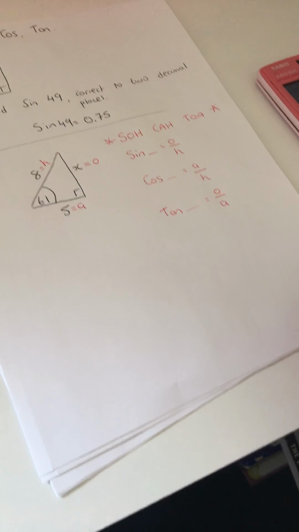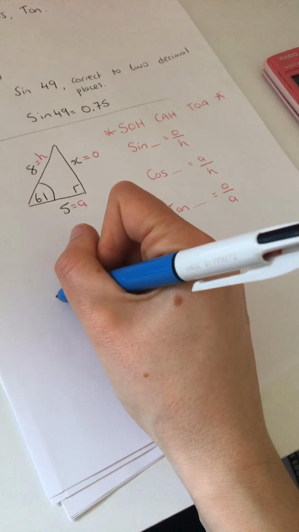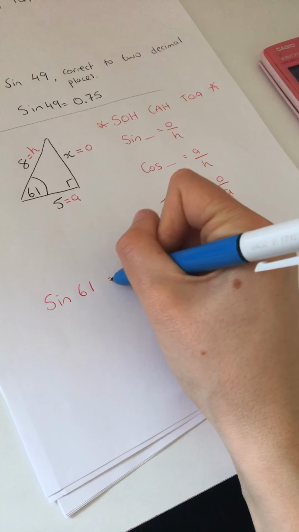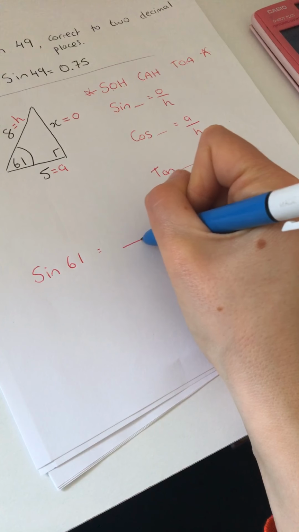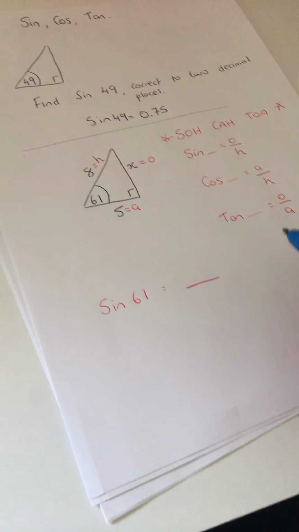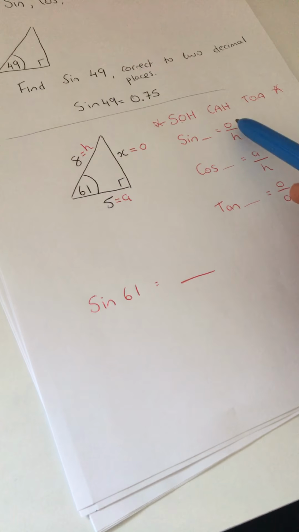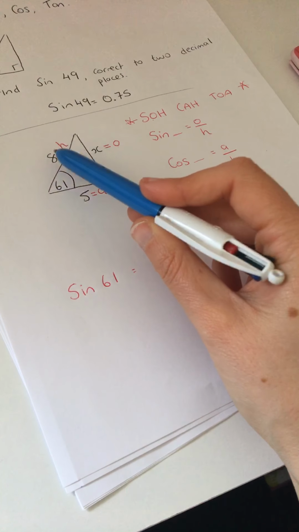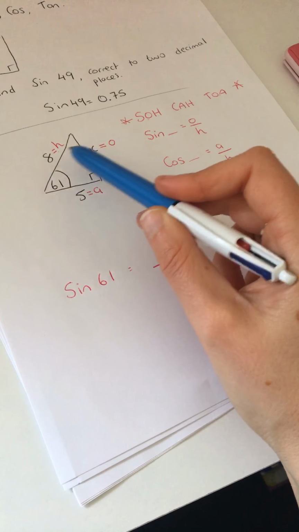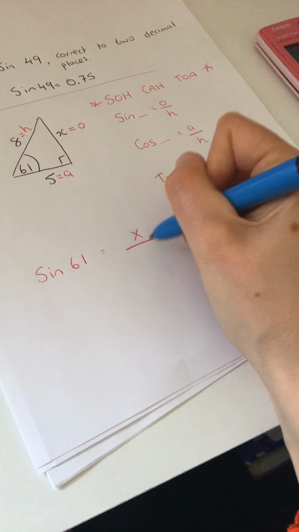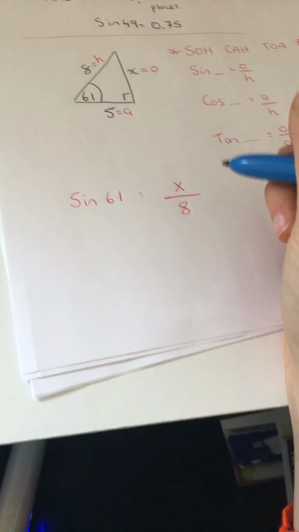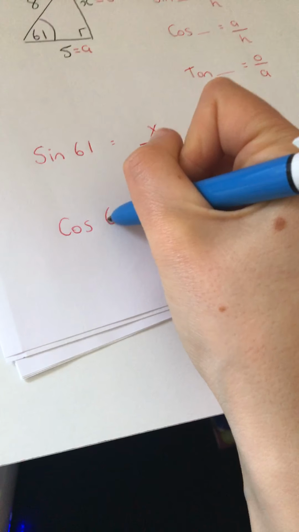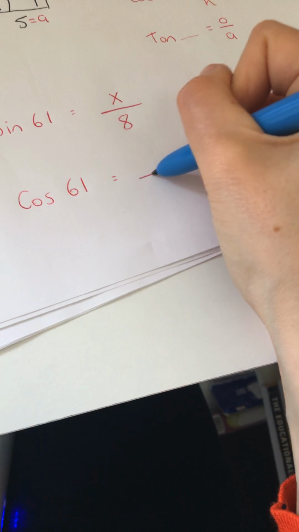So you could be asked, what is sine 61 as a fraction in this triangle? So sine is opposite over hypotenuse, so sine is O over H, which is X over 8. Or they could ask, what is cos 61 as a fraction?